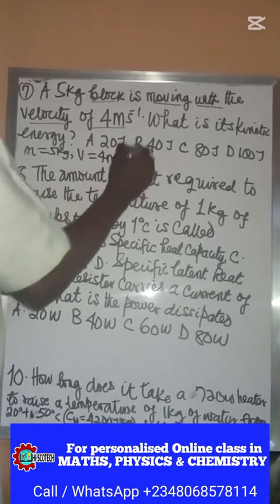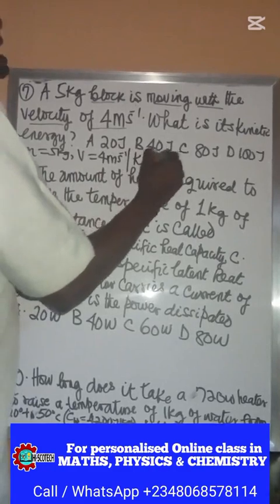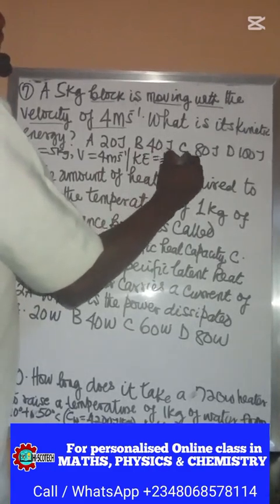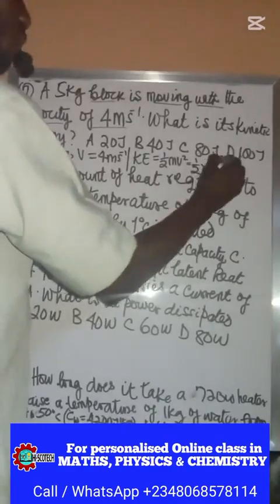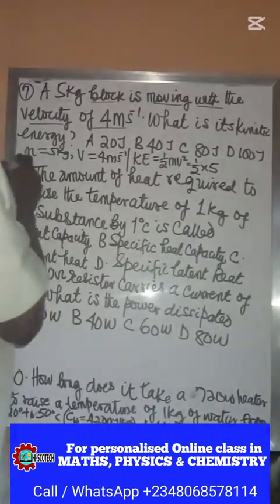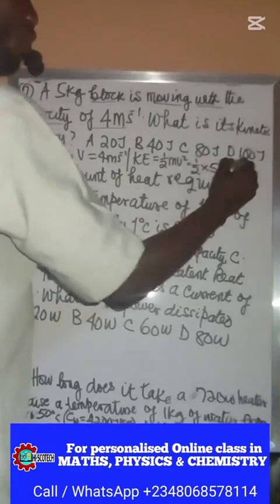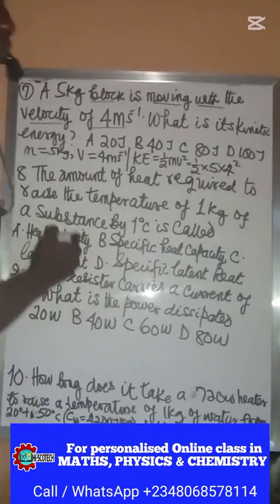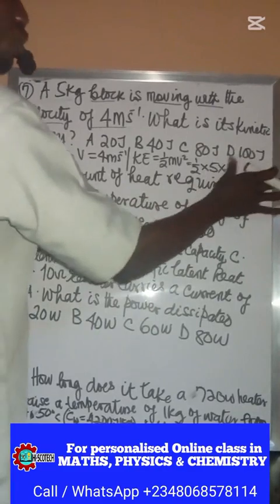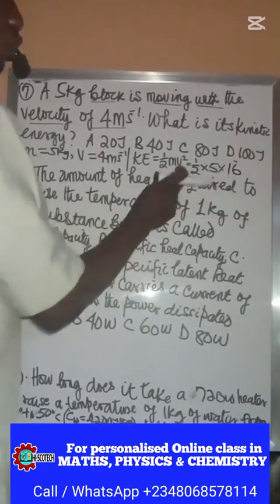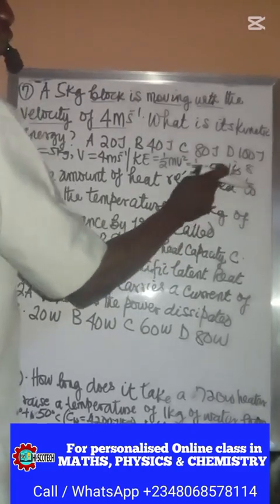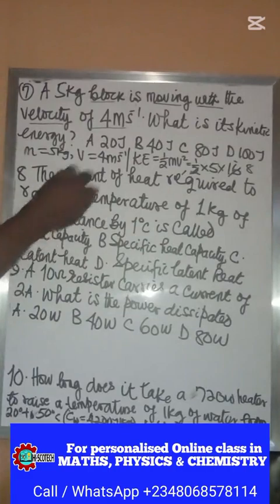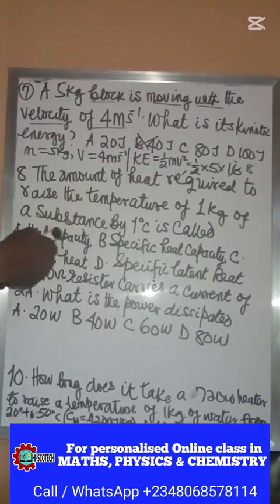The kinetic energy is given by KE equals 1 over 2 mv squared. That will give us 1 over 2 times 5 times 4 squared. Now, 4 squared is equal to 16. So 16 over 2 is 8, and 8 times 5 is 40. So it's 40 joules.